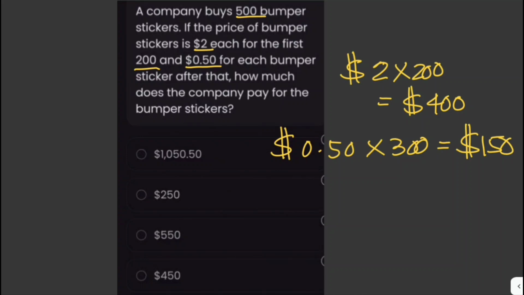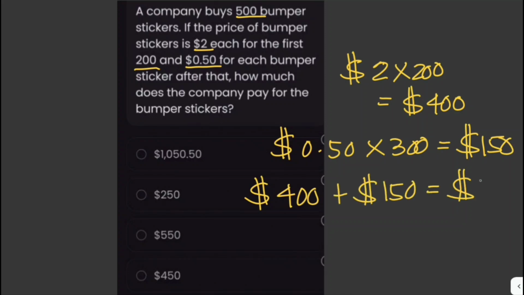Therefore, for the 500 bumper stickers, we just add $400 plus $150. This gives us $550. So the company would pay $550 in total.